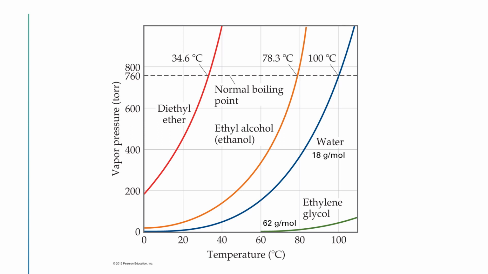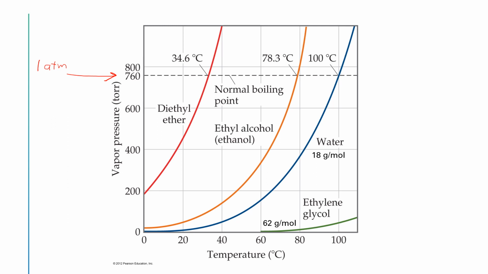There's sort of a magic point on the vapor pressure side, which is when we hit 760 torr. 760 torr is the same thing as 1 atmosphere. So that's the pressure that we normally experience.